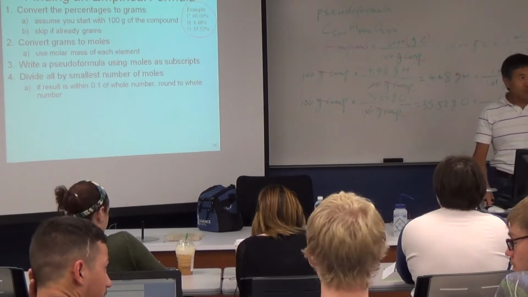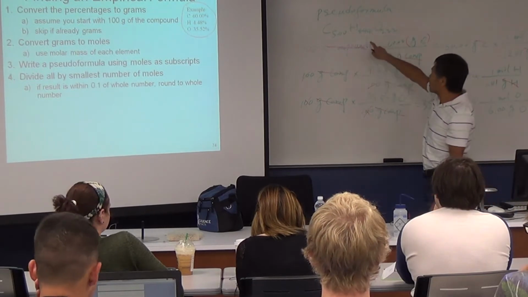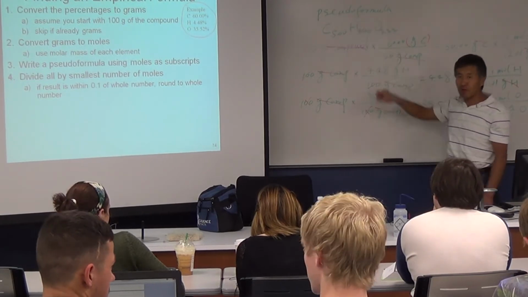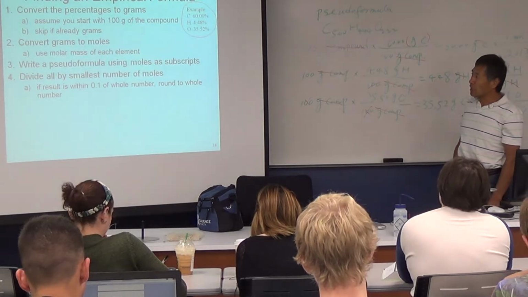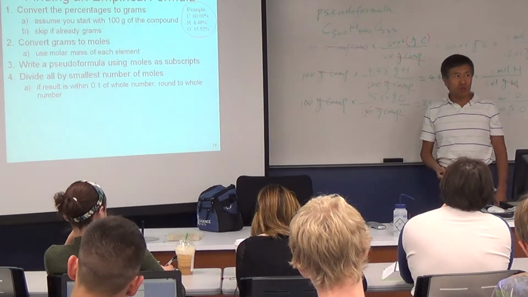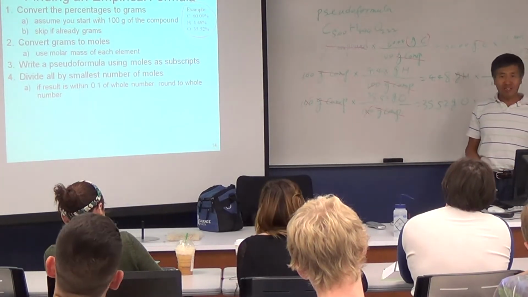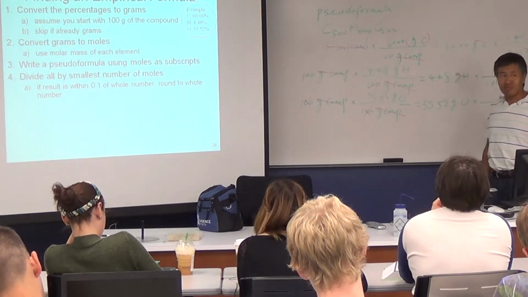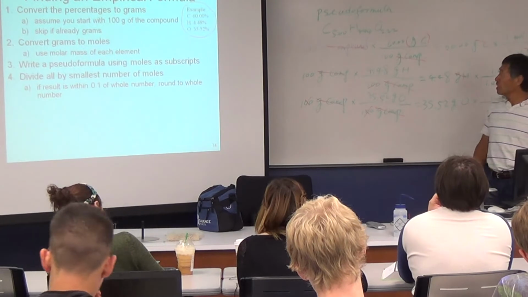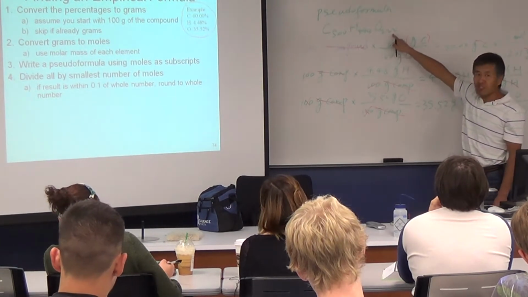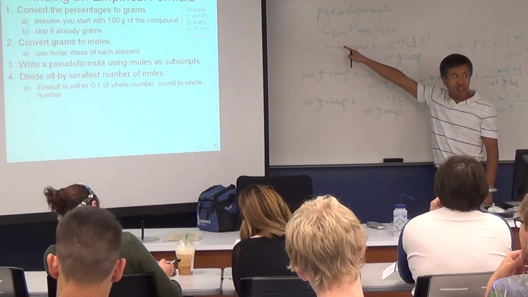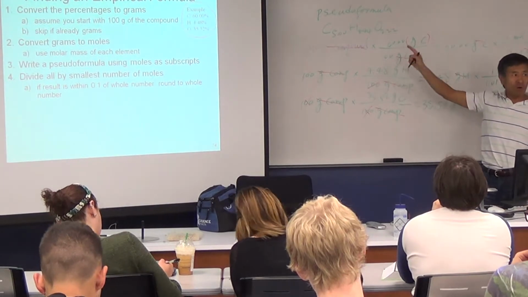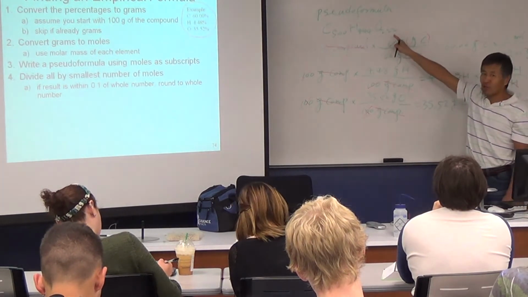So then you do something else, because this is just a pseudo formula, not the final formula. What you want to get is the mole ratio. As I said, the empirical formula is the mole ratios. The easiest way to get the mole ratio is to use the smallest mole of all those elements and divide into all the moles, including itself.